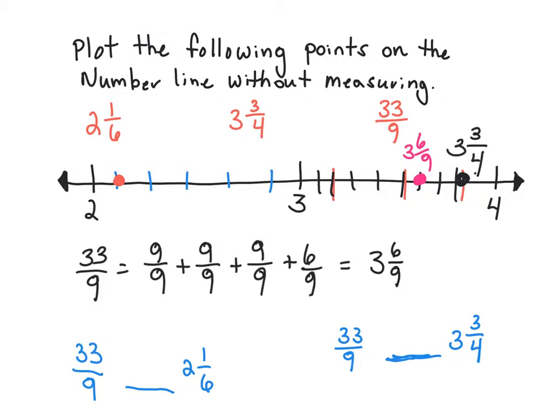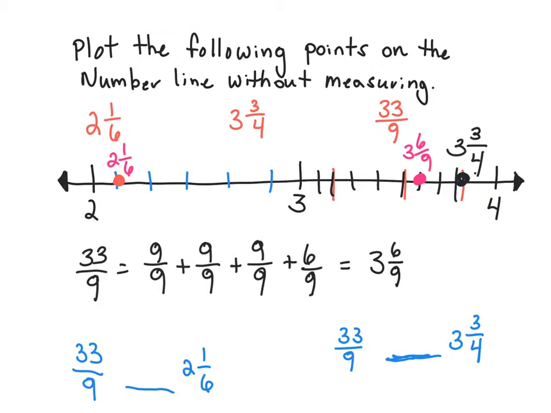So now we can actually see, because over here is 2 and 1/6, we have 3 and 6/9 and 3 and 3/4. Now remember, the numbers that are down this way are greater than the numbers down this way. So now we could just look at this number line and make our comparisons of who is greater and who is less than.